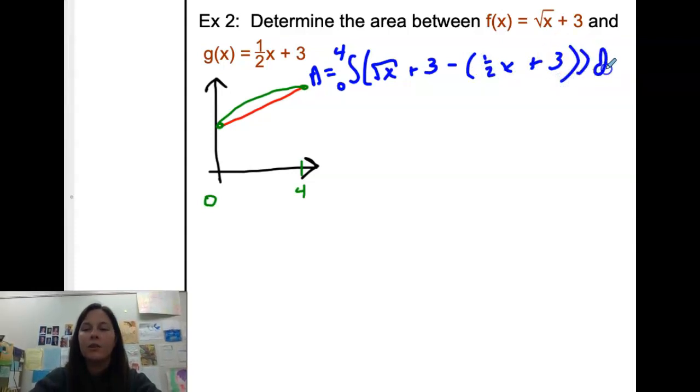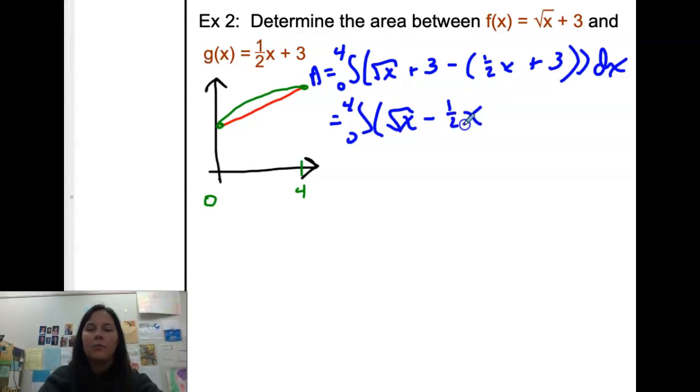Closing that first parenthesis and dx. This one we can simplify a little bit before we integrate. The square root of x does not have any like terms. I am subtracting 1/2 x, and when I distribute the subtraction sign, this 3 also becomes negative, which cancels with my positive 3.